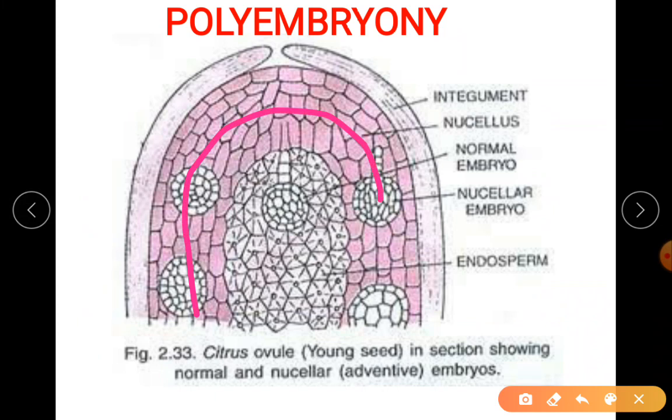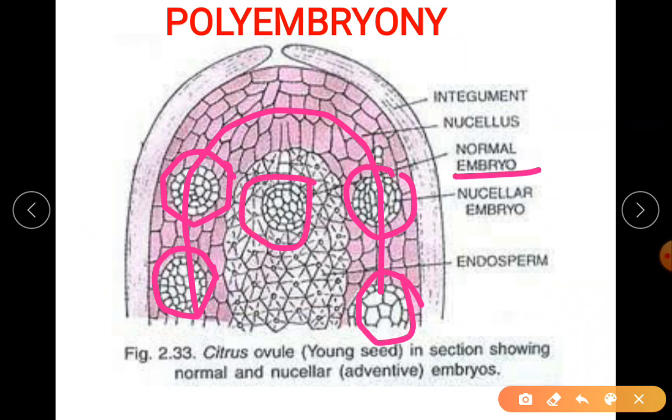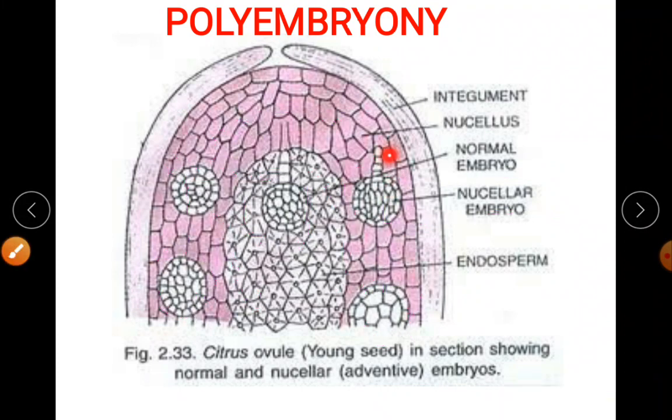This is your nucellus. You can find some of the nucellar cells turning into an embryo. This is the normal embryo they are showing, and this is the nucellar embryo. This is the endosperm. So you can see the nucellar region having certain embryos. They can either be produced here itself or enter the embryo sac and develop into a new embryo.